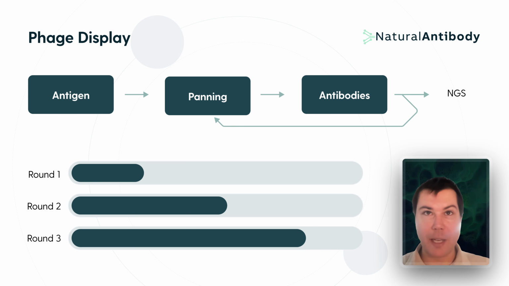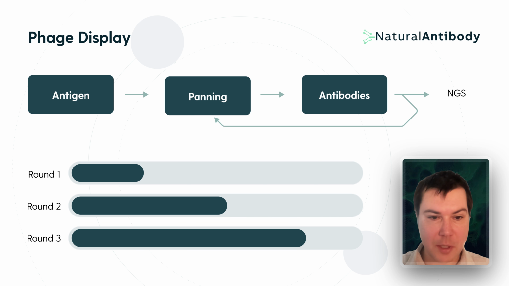And as you can imagine, whoever bound and is then amplified is going to increase their numbers with each amplification. So when you start off from a very, very diverse library, you are actually reducing this diversity, and you want to capture the ones that actually took over most of the diversity.